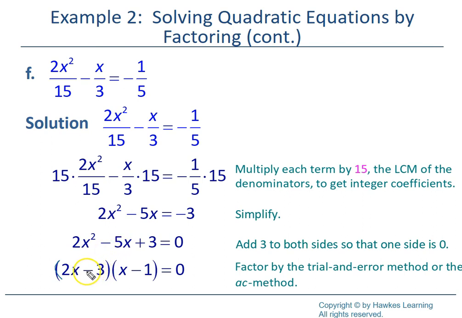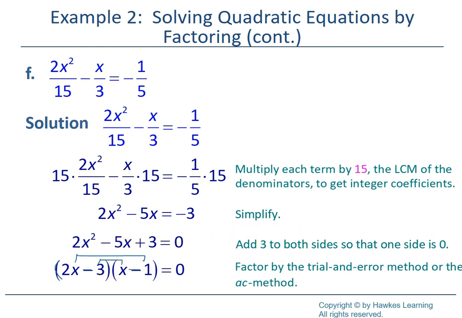So I put the 3 there and the 1 there. Now they have to be the same signs, so I end up with a positive 3 there. So in order to get a negative 5, I had to have both of these negative. When I did my outers, I got a negative 2x, my inners a negative 3x, that added up to this.